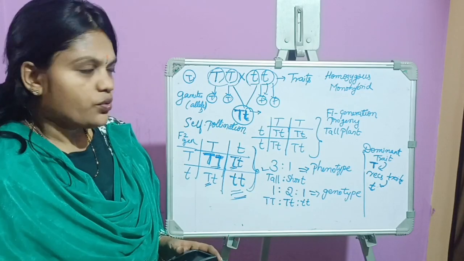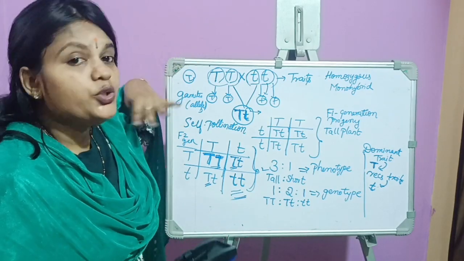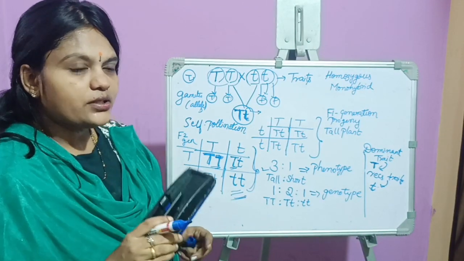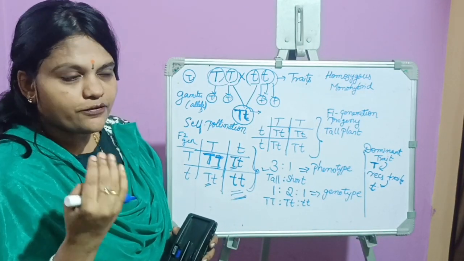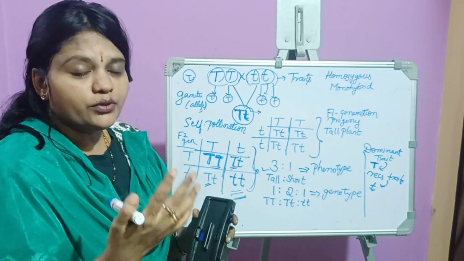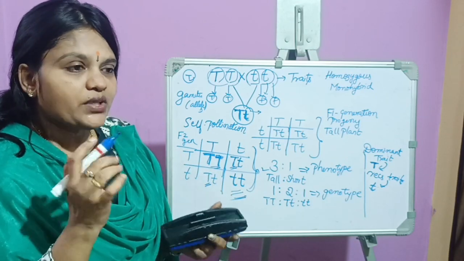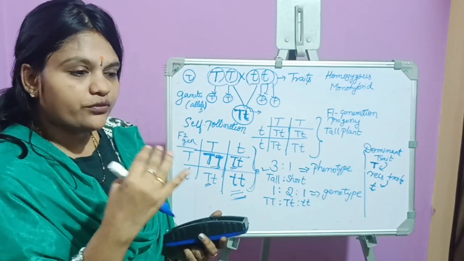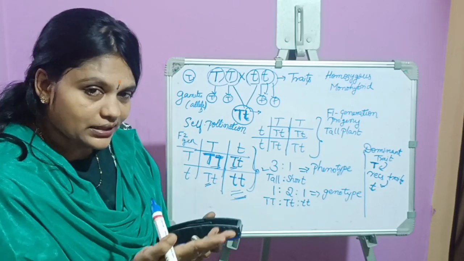Now the question comes, whether this law of dominance is universally accepted. Before I tell you the answer, do some case studies. If you have neighbors or relatives with curly hair and straight hair parents, examine what the hair nature of the offspring or child is, whether curly or straight.